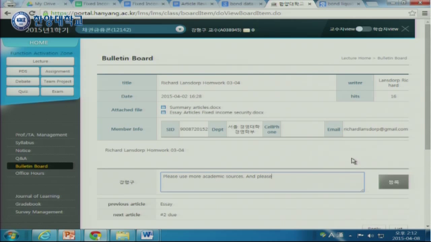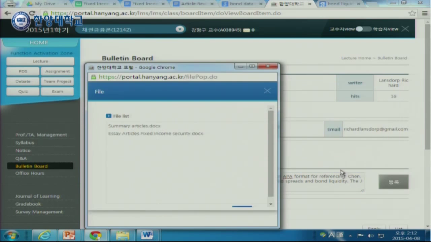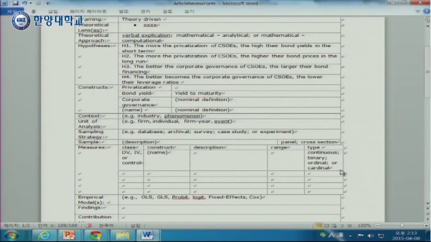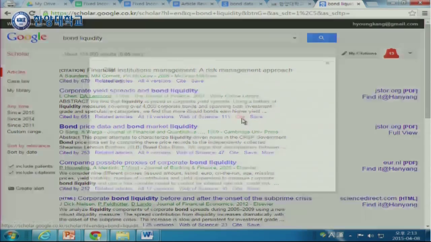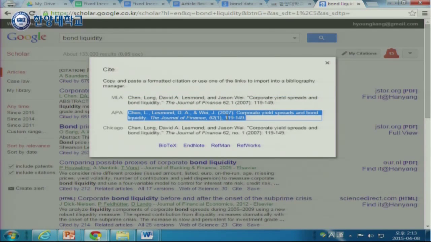And please use APA format for referencing, like this. Okay. So this is APA format. Again, in Google Scholar, you click cite, and APA.